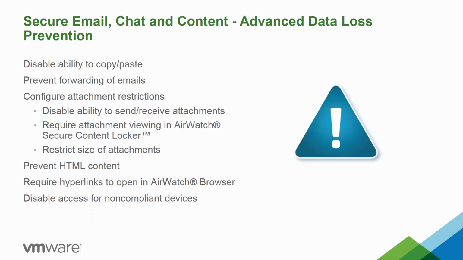Additional capabilities are the ability to disable copy and paste functionality, prevent forwarding of emails, configure various attachment restrictions, prevent HTML content, require hyperlinks to only open in a secure AirWatch browser and not, say, the default non-secure browsers that may be on that mobile device, as well as restrict access by disabling the use of non-compliant devices.